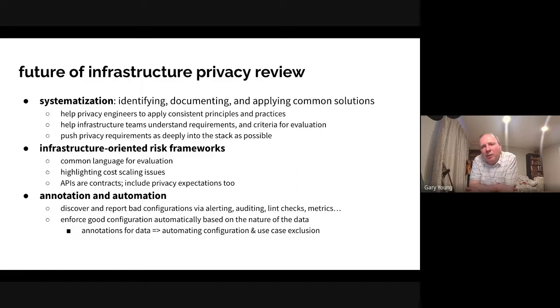Another concept that we think is really useful to add in here is that, in an engineering sense of the word contracts, APIs are a contract between clients and the infrastructure. So being able to articulate privacy expectations along an API definition is also a useful technique.